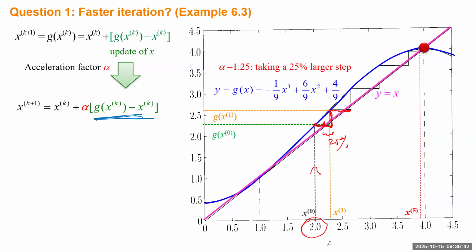Similarly, at each iteration, we go beyond that straight line about 25%, then we go up. So you see, we are taking bigger steps to iterate in the same direction. If we take this alpha value, after 5 iterations we are very close to the true solution. So the answer is, if you introduce an acceleration factor bigger than 1, you will be able to accelerate this process.